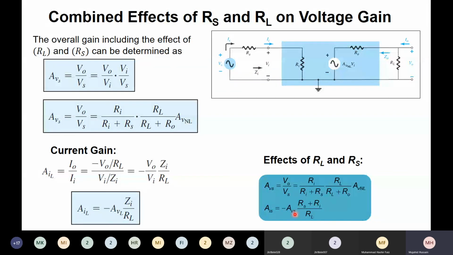If you want to find the current gain by considering the source resistance, then you put the voltage gain considering the source resistance over here and include RS in the numerator. Over here only Zin was there, so now RS can be written and RL will be the same. So this is the overall voltage gain and this is the overall current gain by considering both RS and RL.